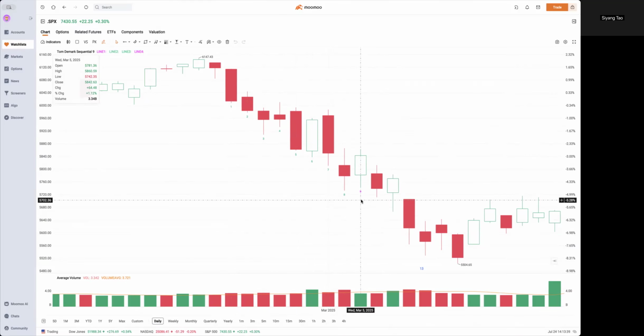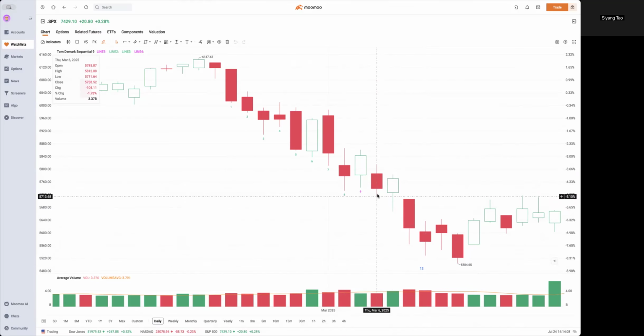phase. The market continues to bleed lower, grinding out those numbers until it finally prints the definitive 13 right here. At the very bottom, the selling pressure is mathematically exhausted. So let's see how we count it again. For example, this will be a 10 because the closing price is lower than the closing price 2 days ago.